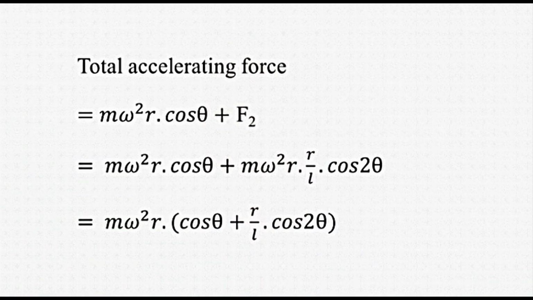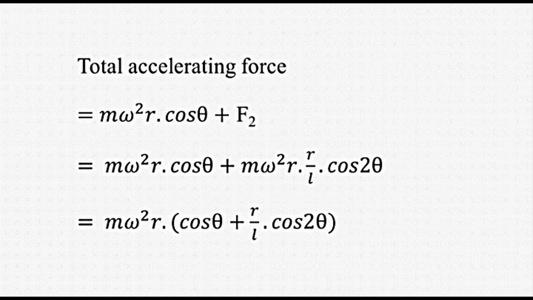The total accelerating force is the sum of the two. It is given by the expression: total accelerating force is equal to m omega square r into cos theta plus F2, or total accelerating force is m omega square r into cos theta plus m omega square r into r upon L into cos 2 theta.